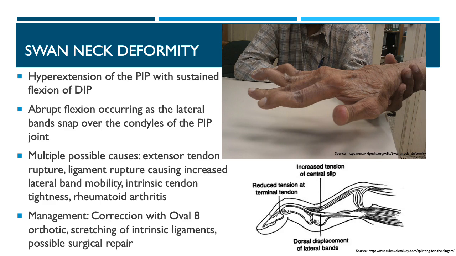When you do that, even though it's just for one joint, it will balance the forces of the flexors and extensors. So correcting the PIP will also typically correct the DIP joint. This is another one that sometimes will require a surgical repair if it's really bad or if it becomes a fixed deformity. Sometimes it can be managed with therapy.